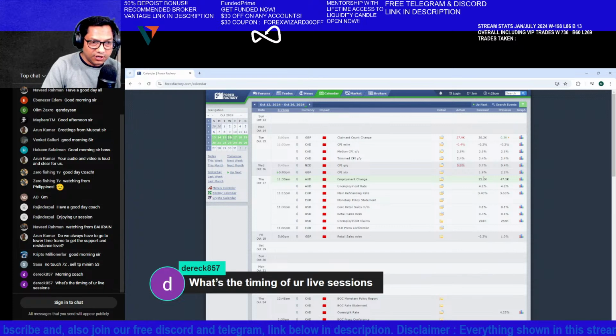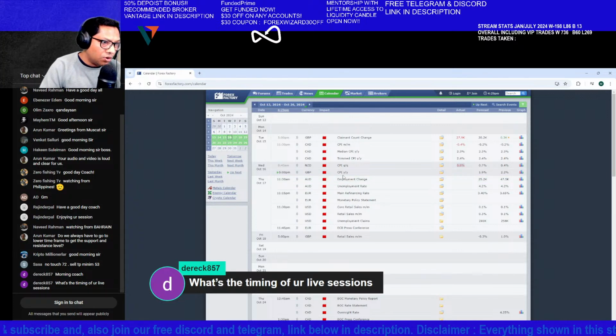We have to look at how it impacted. Now coming up also GBP.